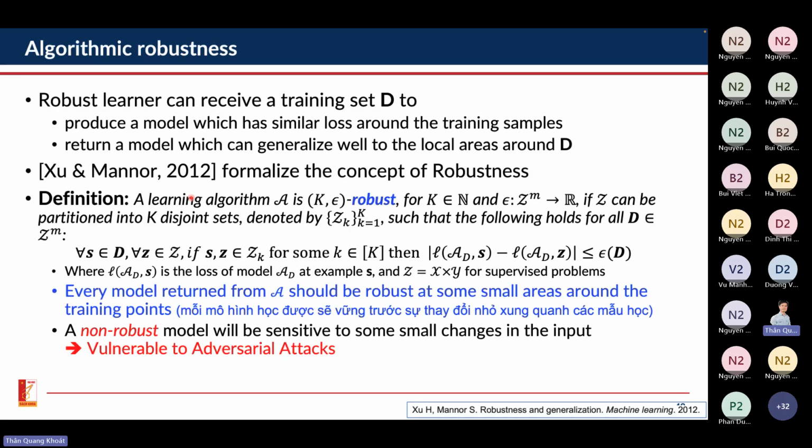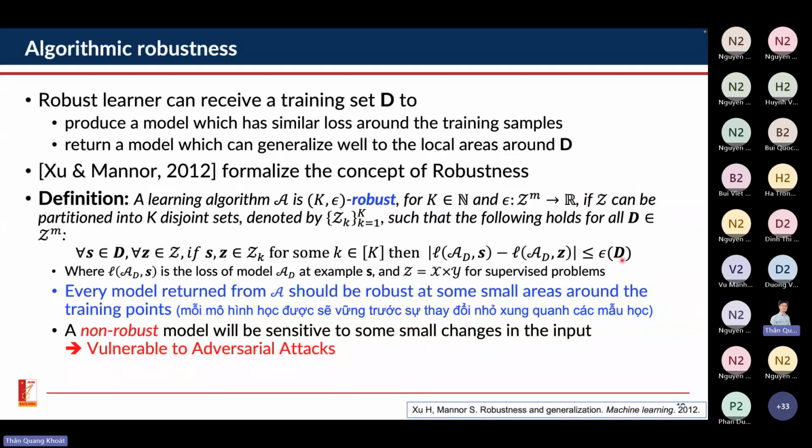But what is robust here? Here is how we define it. Essentially, the losses of two close points should be small. That's all. Essentially, it refers to something like this: two close points should have similar losses.